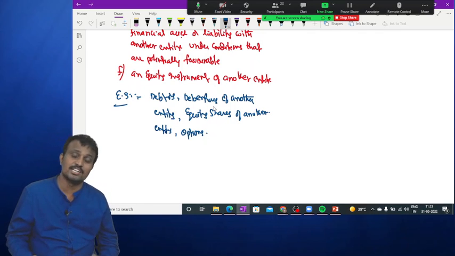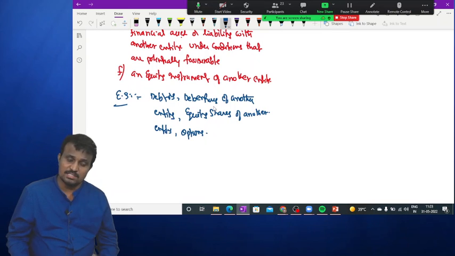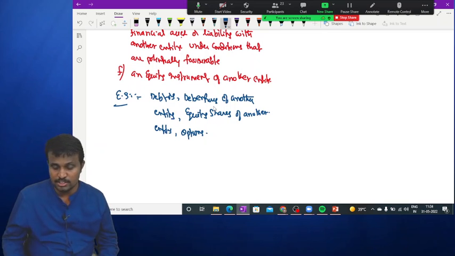Physical assets like inventory, PPE are not covered. And some more things: prepaid expenses are also not covered under financial asset.